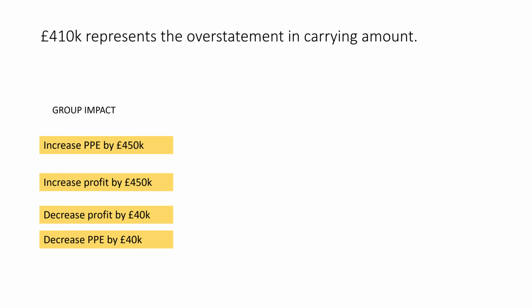Now let's consider the impact of all of these adjustments. So there are two that are going to PPE, and there are two that are going to profit. Let's look at PPE. So increase of PPE 450, decrease of PPE by 40. What's the net impact of that? What's 450 minus 40? 410.